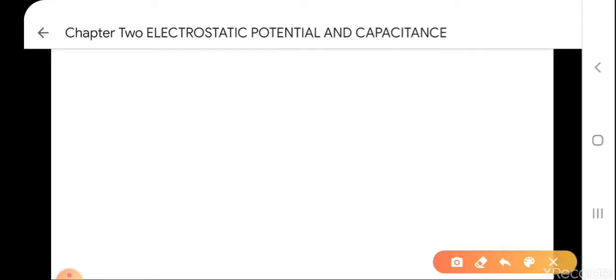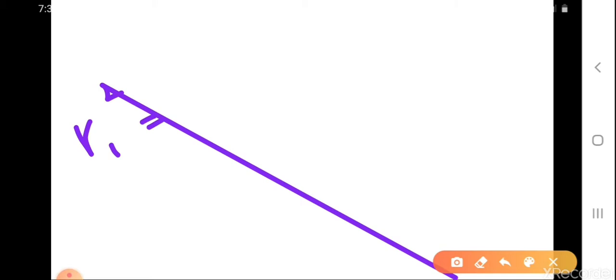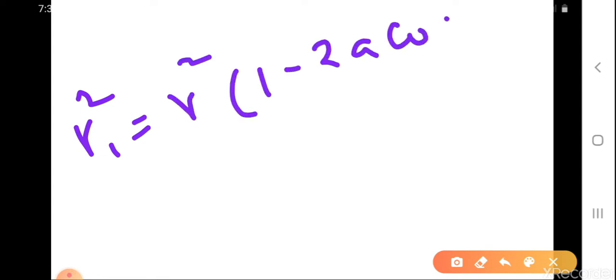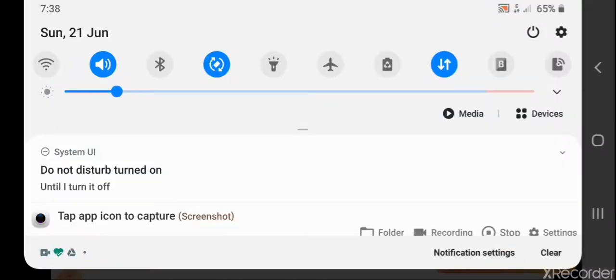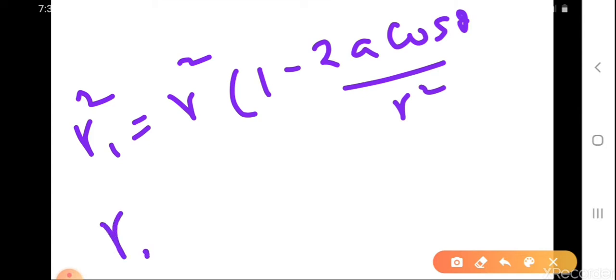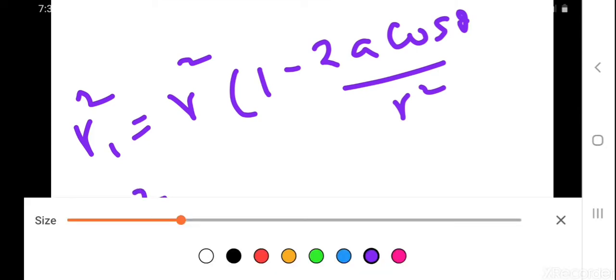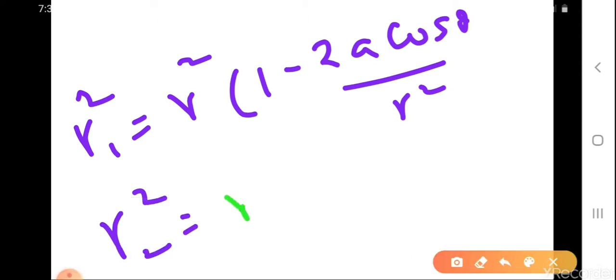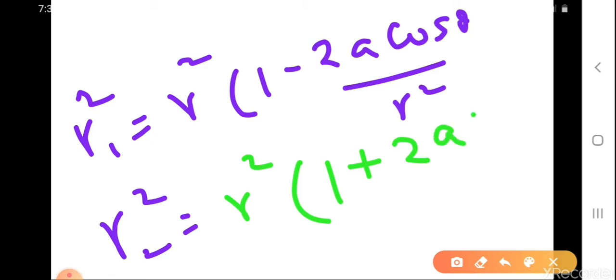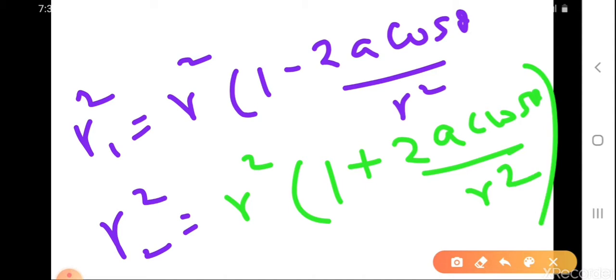Now two equations we have. Once again, r1 square is equal to r square into 1 minus 2a cos theta by r square, and r2 square is equal to r square into 1 plus 2a cos theta by r square.